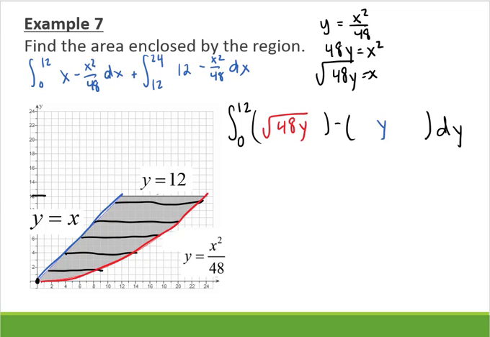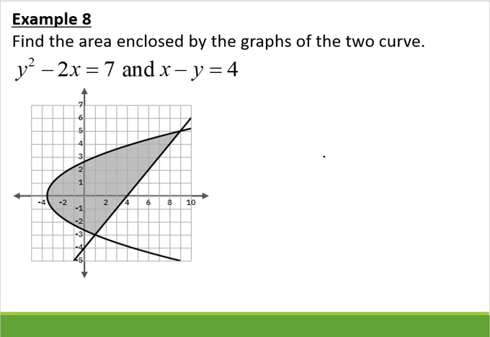Okay, our last example. And this one, I actually got the graph for you guys because I know it's hard for you guys to graph these parabolas. So this, let me underline it in red, is this function here.